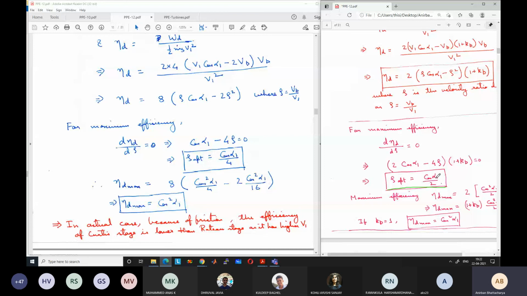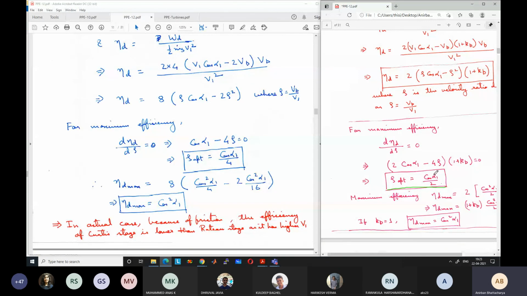So what will be the blade velocity for a Curtis turbine as compared to a single stage turbine for the same value of V1? It will be less, it will be half. So in this case, if it's 200 meter per second, in this case it will be 100 meter per second, because optimum value is cos alpha 1 by 4.